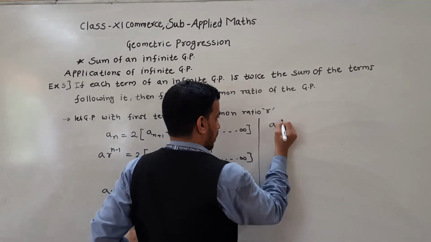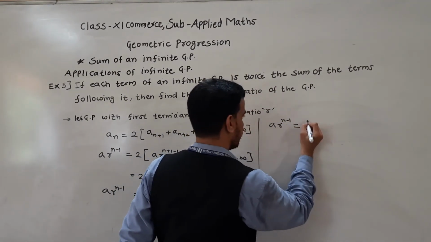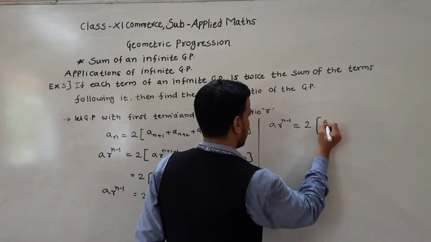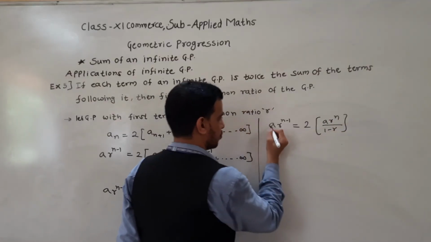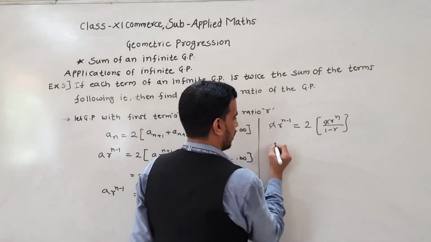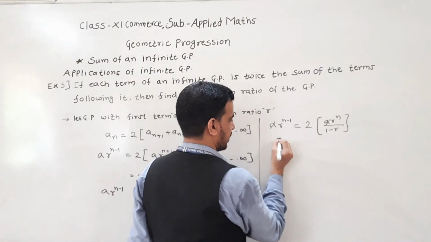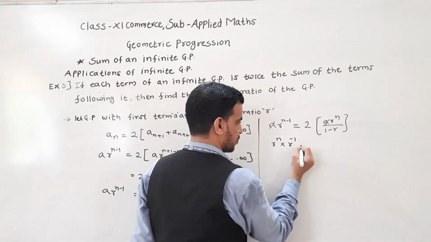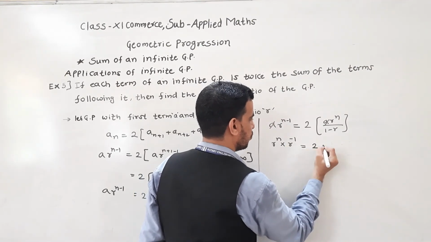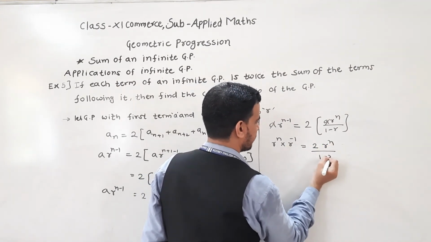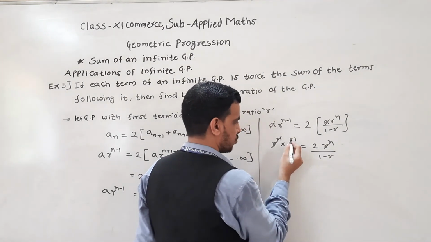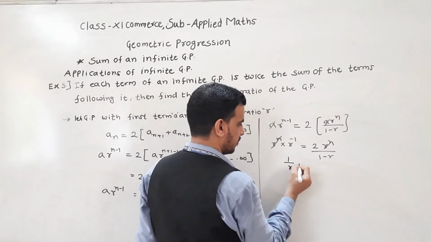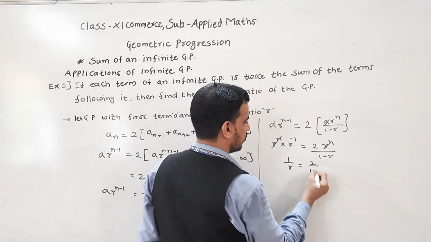So a into r raised to n minus 1 is equal to 2 into a into r raised to n upon 1 minus r. So this a will get cancelled. r raised to n minus 1 we can write as r raised to n into r raised to minus 1, is equal to 2 into r raised to n upon 1 minus r. This r raised to n will get cancelled. r raised to minus 1 we can write as 1 by r, is equal to 2 upon 1 minus r.